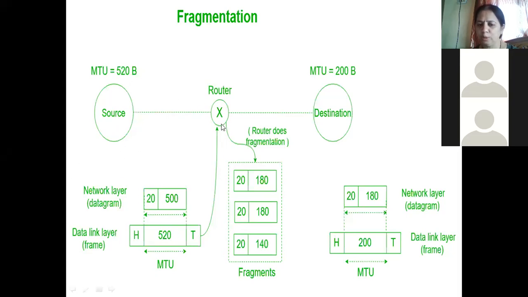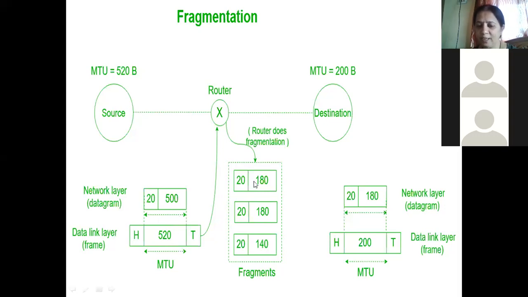Now it comes to the router. Now when it comes to the router, it will fragment it. Router will divide that 500 bytes into smaller chunks. The network layer in the router, that is the internet layer in the router, will create fragments. Now you all can see the total amount of data that we have is 520 bytes, the original data plus the header.